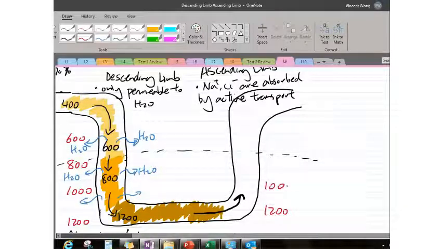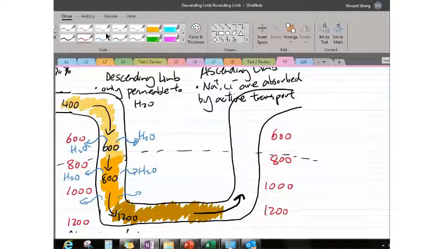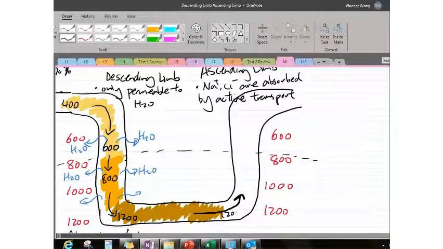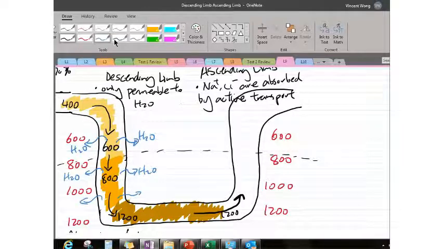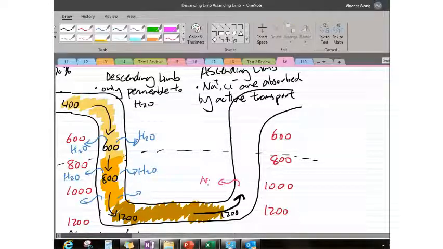1200 rather, 1800, 600. So when the filtrate goes up, you will actively take NaCl out of it. Now the number is going to go down because you're removing the salt. So this goes back down to say 1000, to 800, and then to 600.